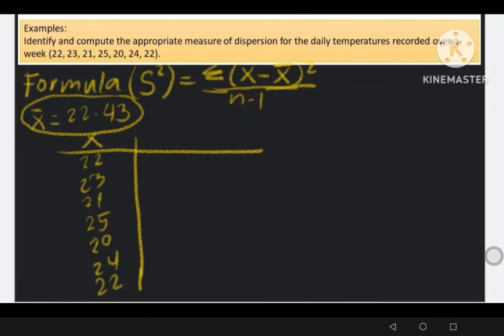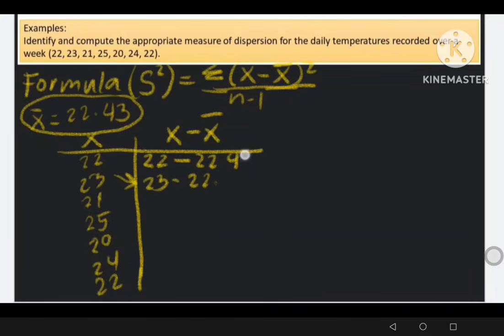And our x bar represents 22.43. Again, here in our formula, it says x minus x bar. So we follow x minus x bar for each data point. Our data 22, following the formula, 22 minus x bar, which is 22.43. And then 23 minus 22.43.